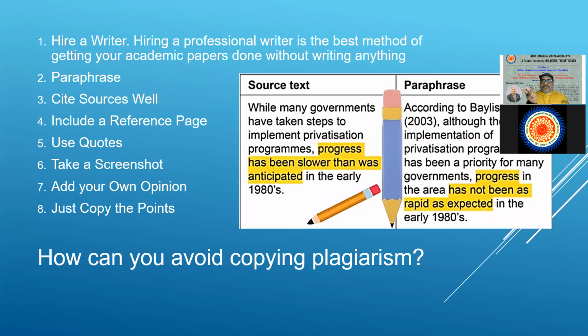You get the answer. So the meaning is not changed, the meaning is the same. Has been slower than was anticipated, but somebody has paraphrased it as has not been as rapid as expected in the 1980s. So without changing the meaning from the original text, you can avoid plagiarism. You can avoid copying plagiarism.